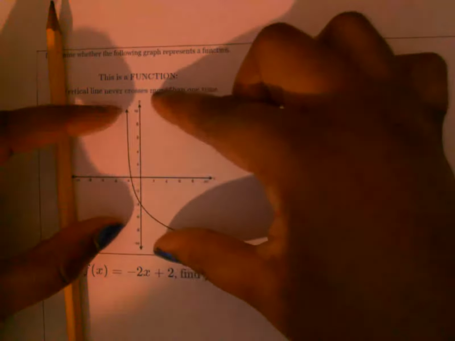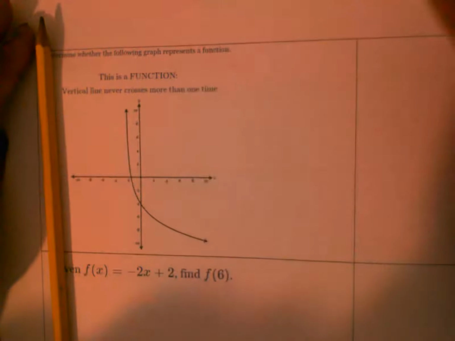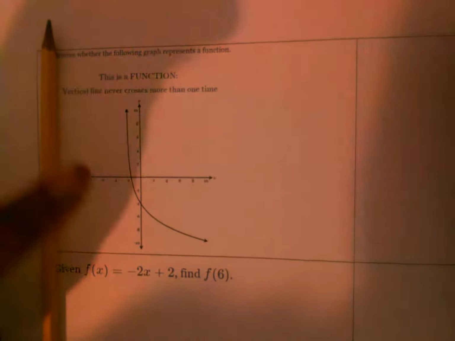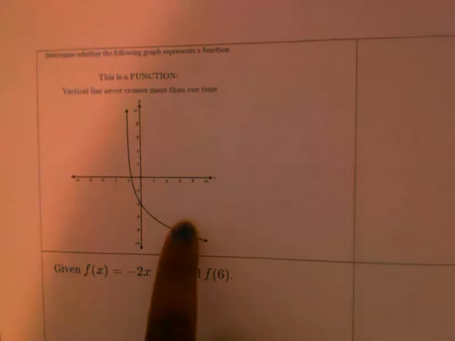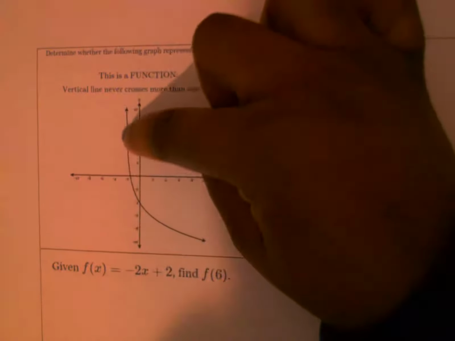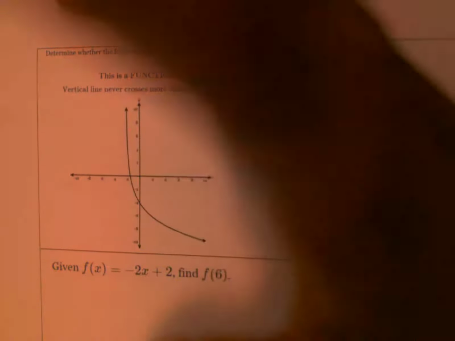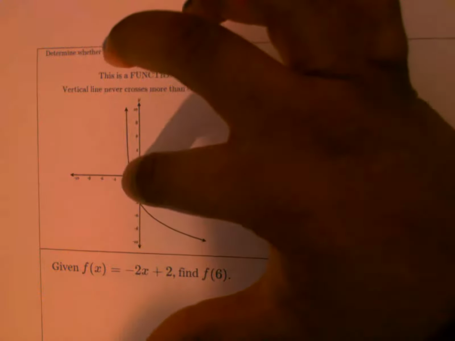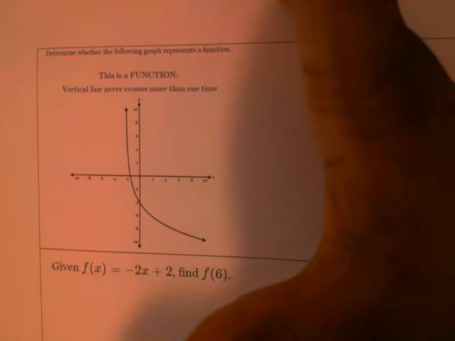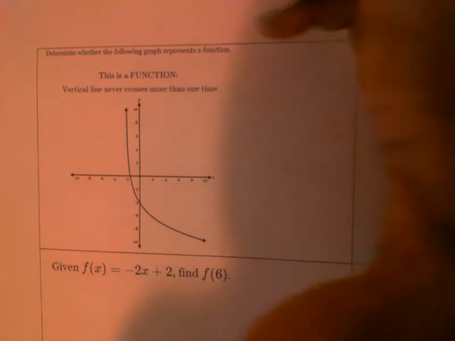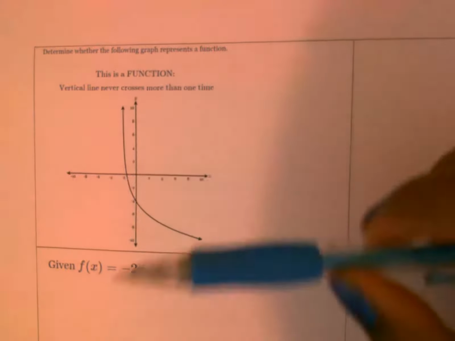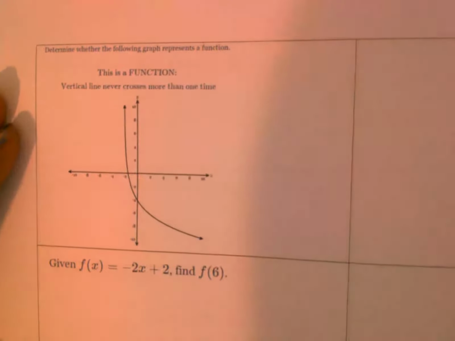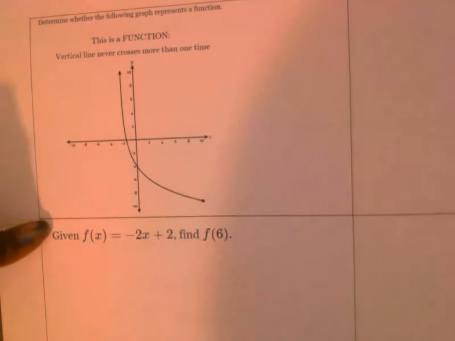If you were to zoom in, all of these x values would be slightly different, like maybe negative 2.5 and the next one negative 2.53, or whatever the case may be. So this one is tricky, very tricky. Okay, so this is a function.